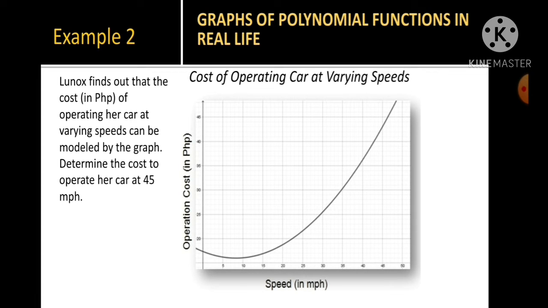So we are going to locate or determine the cost when the speed is 45 miles per hour. Okay, so the speed here is the independent variable, and the cost is the dependent variable. So we need to locate first 45. So here it is, and then the cost is here.